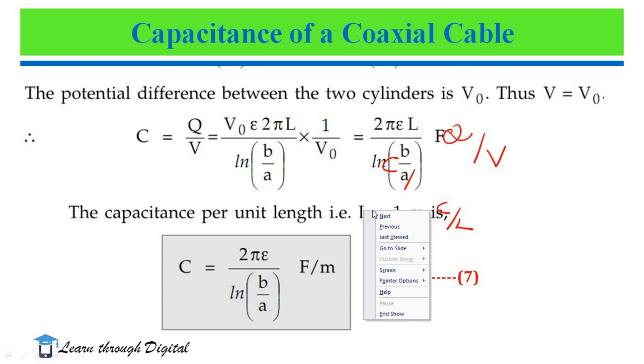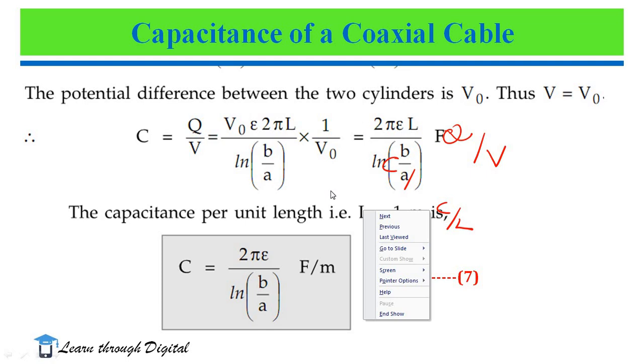The only difference is, for the first method using Coulomb's law, we started from the electric field intensity. After that, we found the potential difference. From this, we calculate C is equal to Q by V. But here in the Laplace equation method, first we solve the equation del square V is equal to 0, depending upon the configuration. After solving this equation, we obtain the solution for V. From V, the potential difference, we calculate the electric field intensity and flux density.